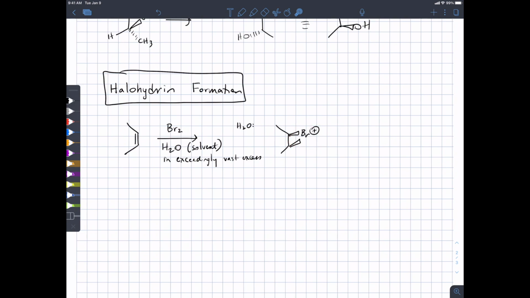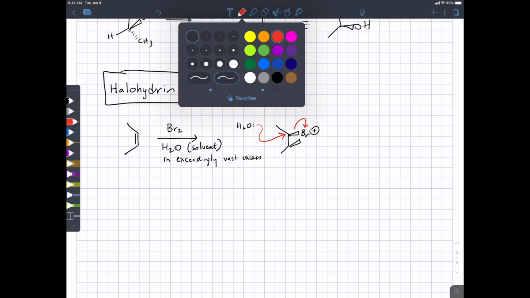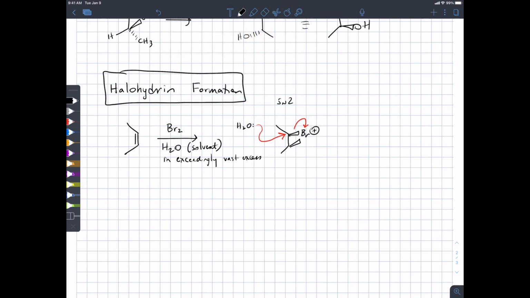So by having water attack, you not only allow Br to leave as a neutral group, but you also relieve this ring strain of the three-membered ring. So just like with opening of the bromonium ion with Br minus, this process occurs in an SN2 fashion with backside attack and inversion of configuration.